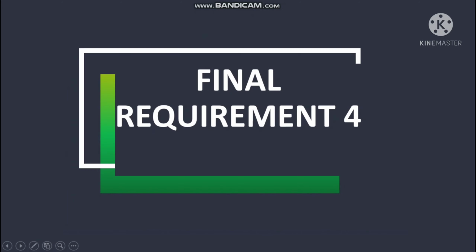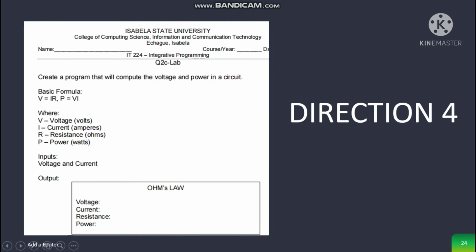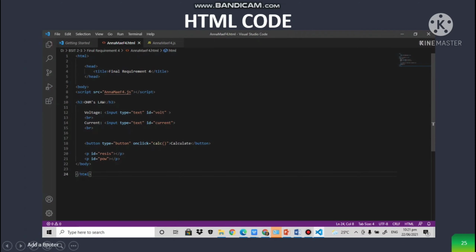Sa final requirement 4 po, here's the direction, which is to create a program that will compute the voltage and power in a circuit. Ito po ay Ohm's law. Here's my HTML code. HTML head, final requirement 4, body, script source, anime f4.js, which is linked to, of course, JavaScript. Here's my title, Ohm's law.